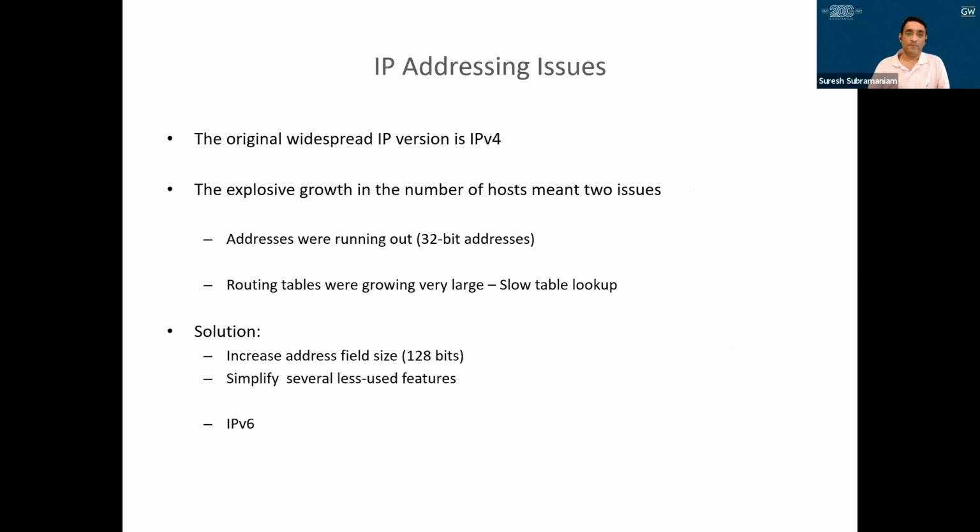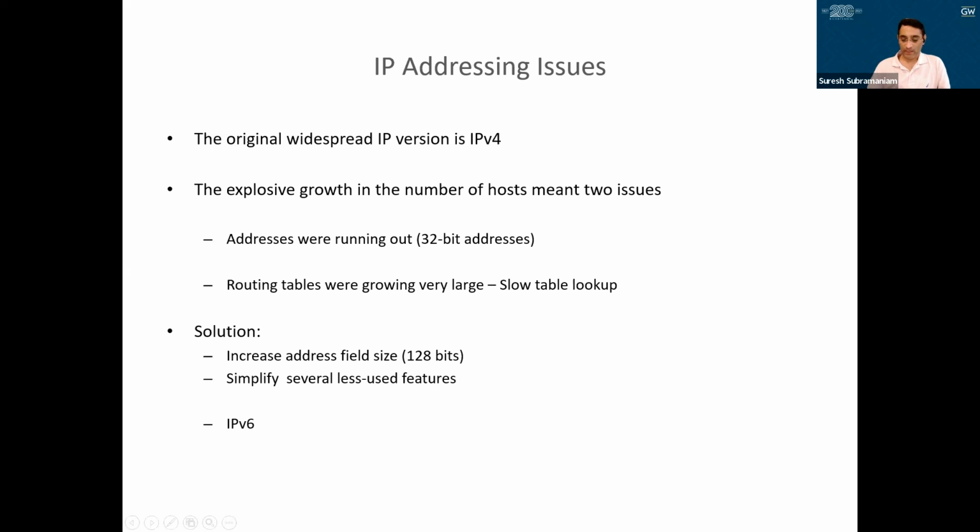But if it's a very large company, then they might have millions of computers in their network. So the addressing scheme allows for different sizes of networks to be present and to be interconnected with each other. So as I said, the original widespread IP version is IP version 4.